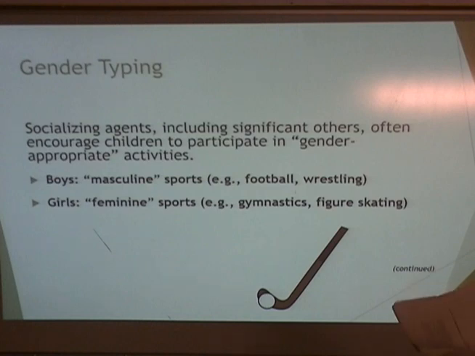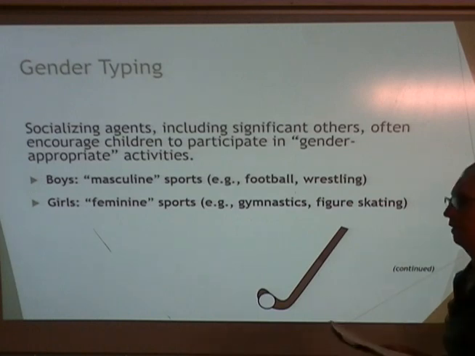And when a girl wants to play American football, there's an uproar. So it's very much gender typed. Field hockey. Do you think field hockey is a masculine or a feminine sport? Masculine. Okay.